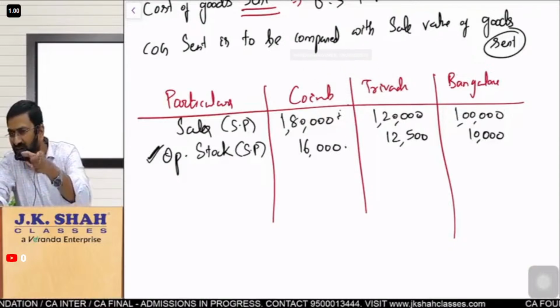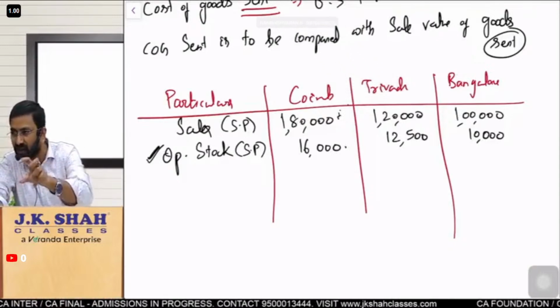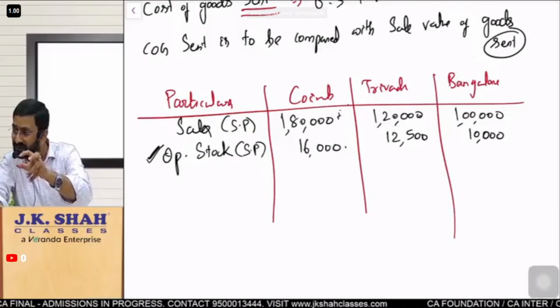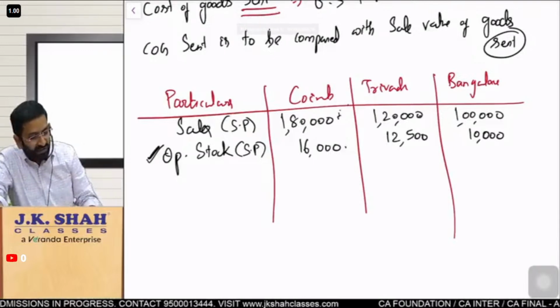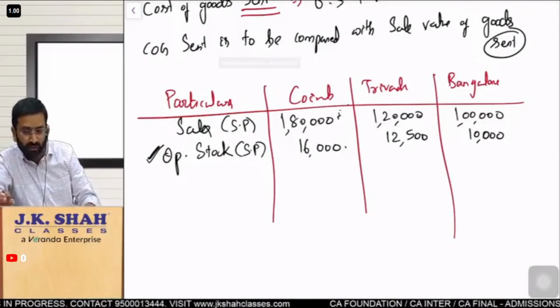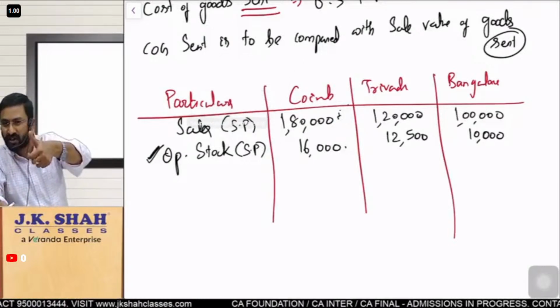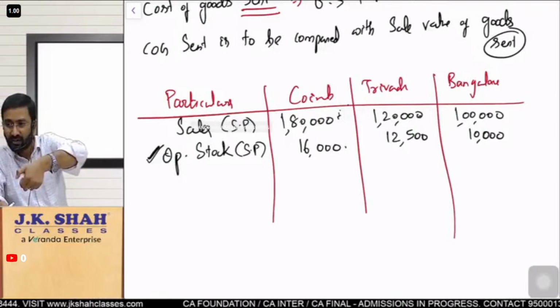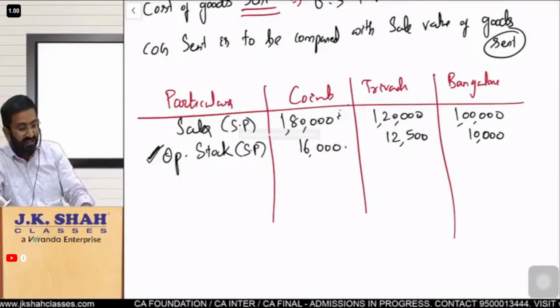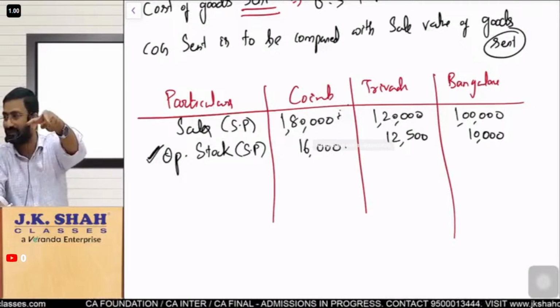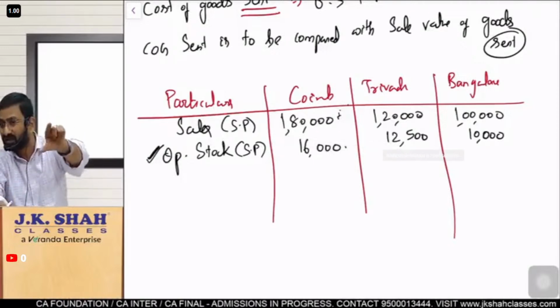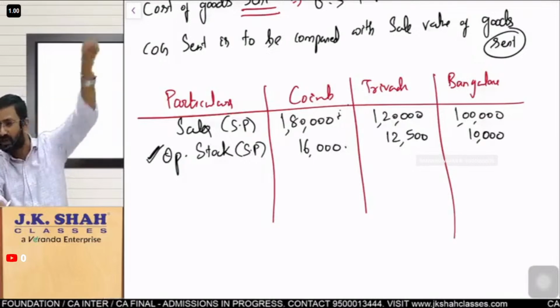But should I take the sale value of goods sold or the sale value of goods sent? Sent. Whatever I have sold would definitely include opening stock. But the opening stock was sent now or in the last year? Last year. Can I say that 16k is there in 180? That 16,000 is in 180, but it was sent in the last year.